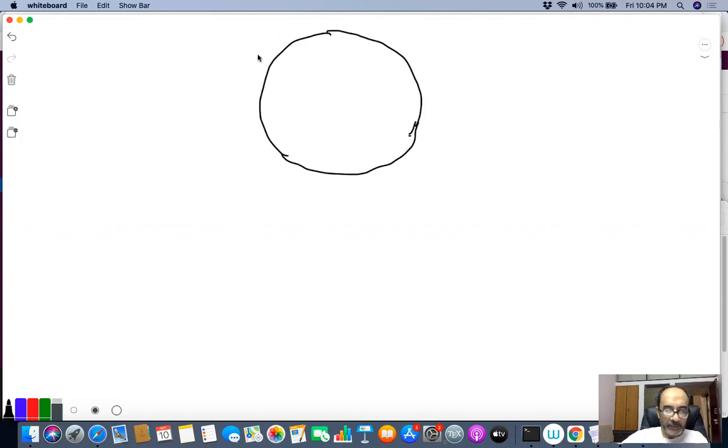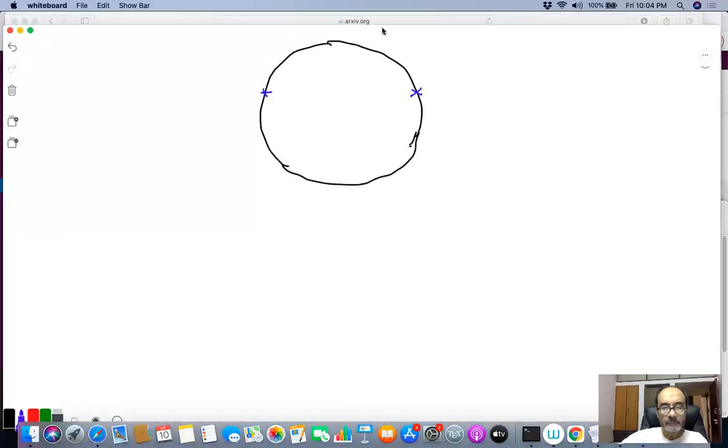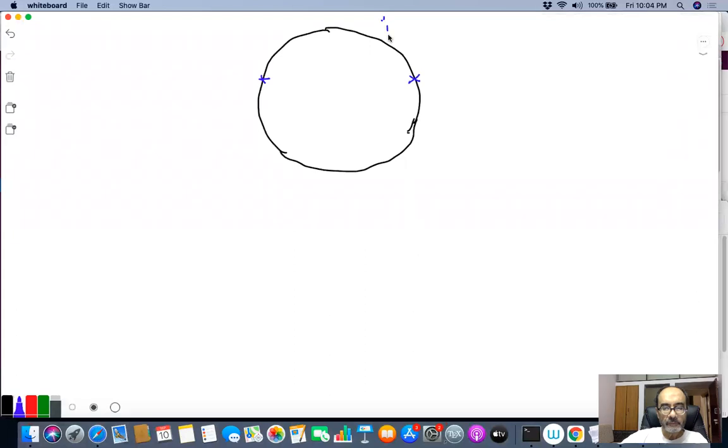And then on the boundary, we had separated out a region, which we call P prime, and the complement was Q prime. So let me draw those. This was P prime, complement was Q prime.